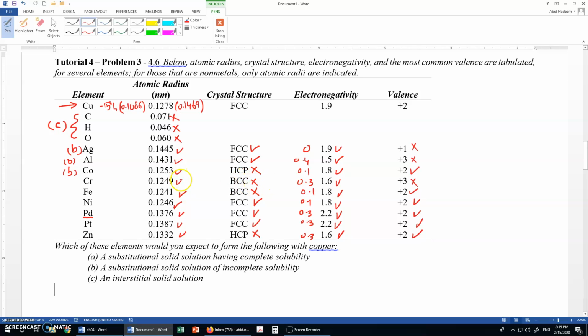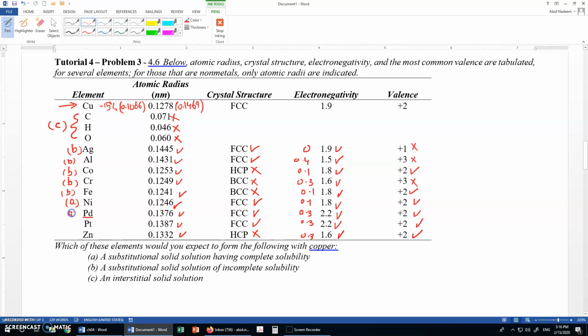But since chromium is also a metal, its atomic radius is much closer and the valency is +3, this may be considered to fall in category B. Iron also B. Nickel is completely similar, so nickel will fall into A.